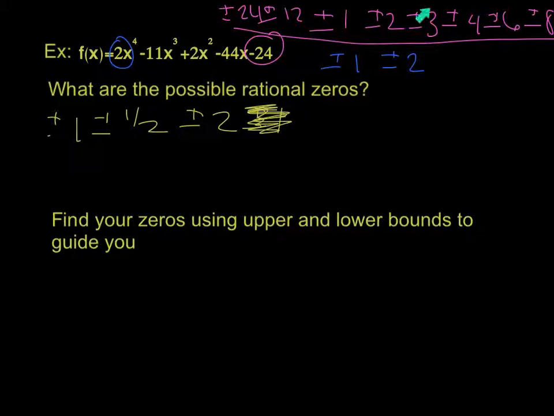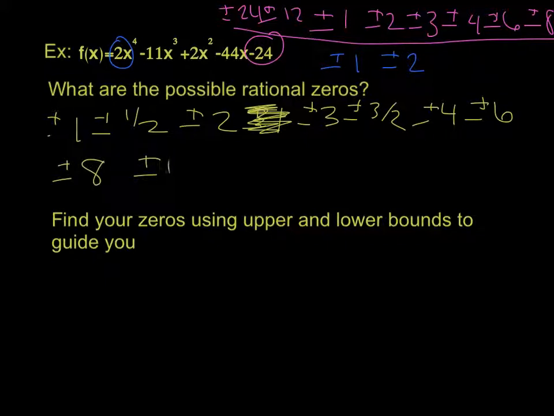Then 3 divided by 1, 3 divided by 2, so I need plus or minus 3, plus or minus 3/2. And 4 divided by 1 gives me 4; 4 divided by 2 I already have. So I need plus or minus 4, 6, 8, 12, 24. Those are my list to try.